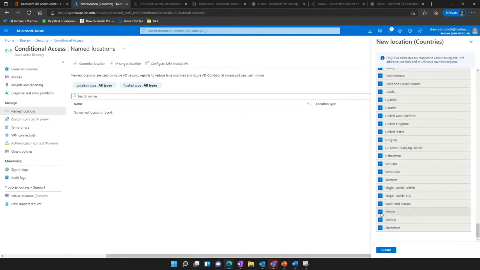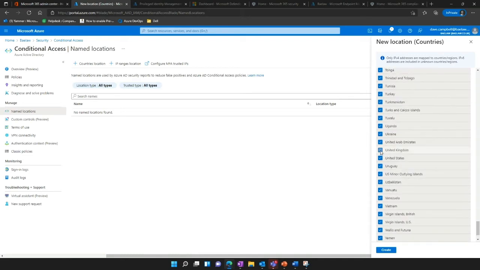So places like the United Kingdom, and generally the United States as well. Although what I would recommend with the United States is that if you are disabling or allowing access from the United States, you monitor your audit logs to ensure that people aren't trying to access or failing to access your resources.